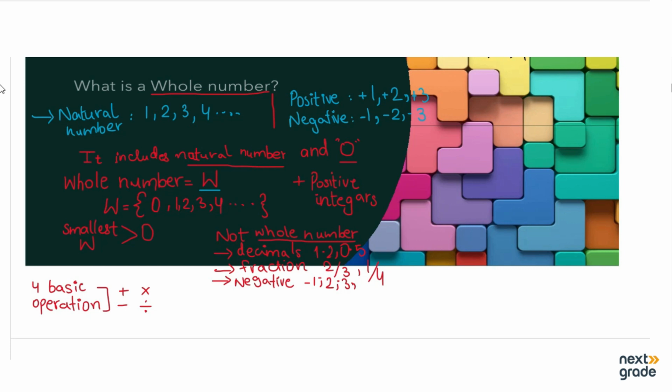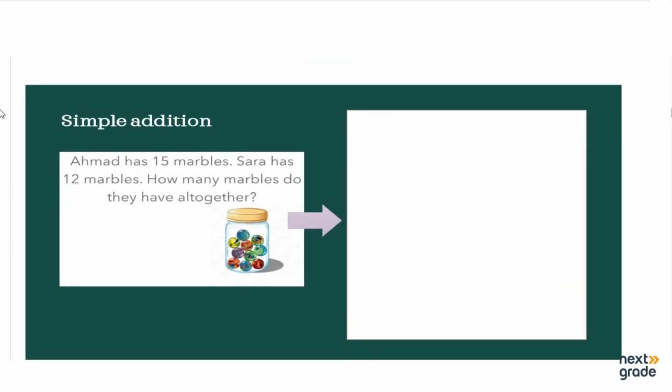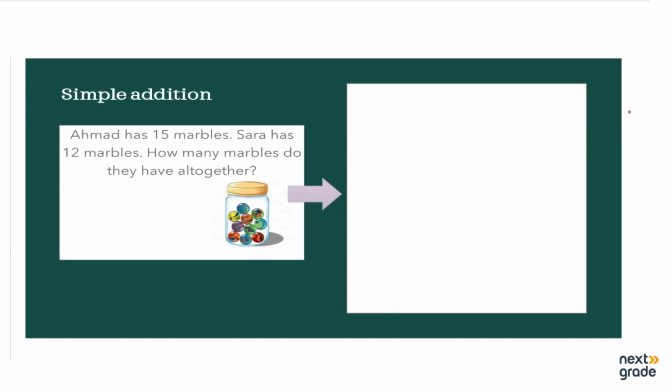Let's discuss an example that relates to the simple addition of whole numbers. Ahmed has 15 marbles. Let's highlight it. Sarah has 12 marbles.